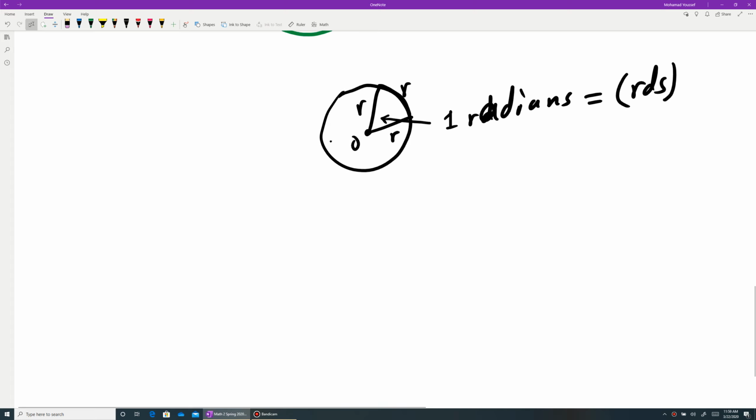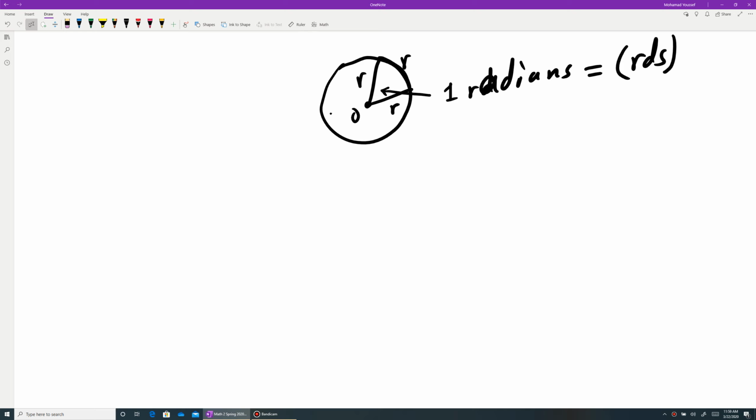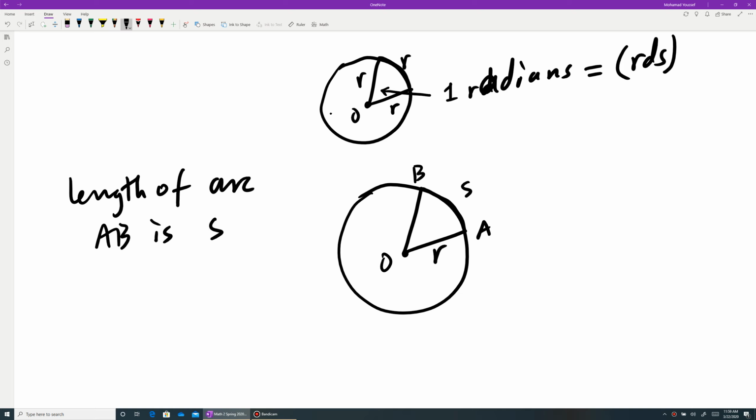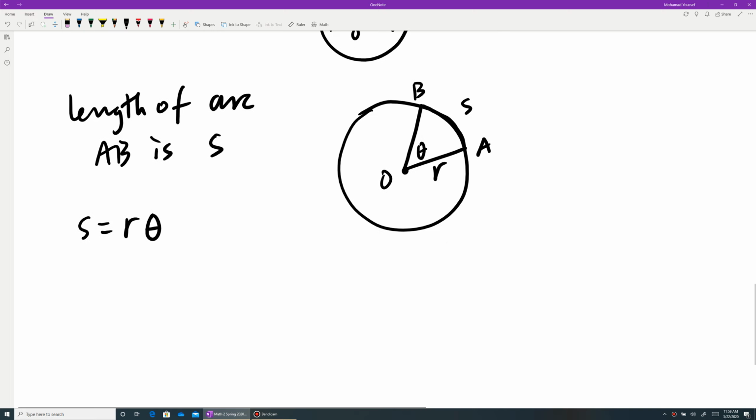If we draw another circle with center O and radius r, and someone travels along arc AB, the length of arc AB is S. By definition, if I call this angle theta, S equals r times theta. S equals r theta. This theta must be in radians.